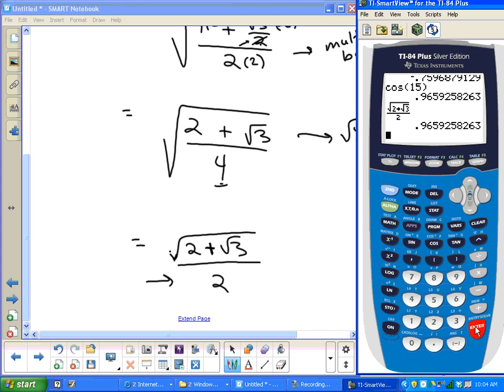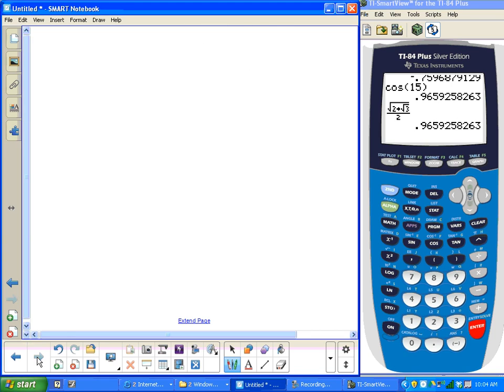Now, let's do another one here. Let me do one like 41. I think 41 says cosine. I'm just going to do sine because it's basically going to be almost the same thing.